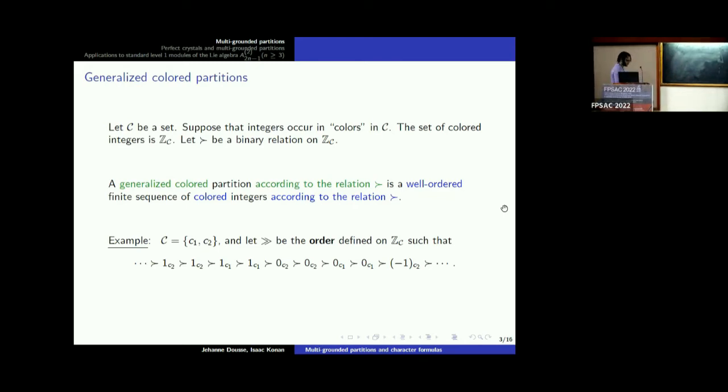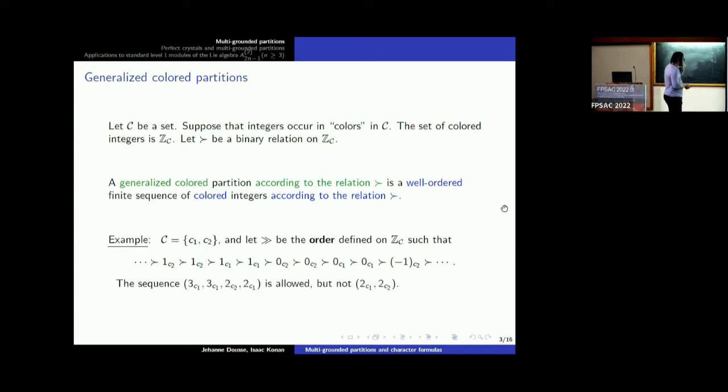For example, with this order, the sequence 3C1, 3C1, 2C2, 2C1 is a generalized partition according to our order, but not 2C1, 2C2, because they are not well ordered.